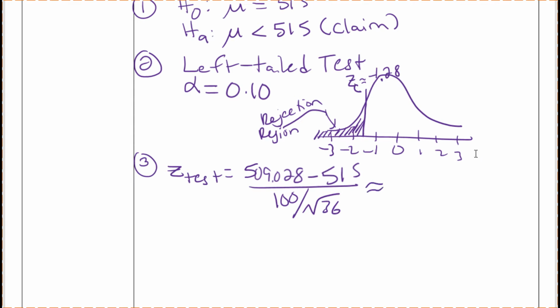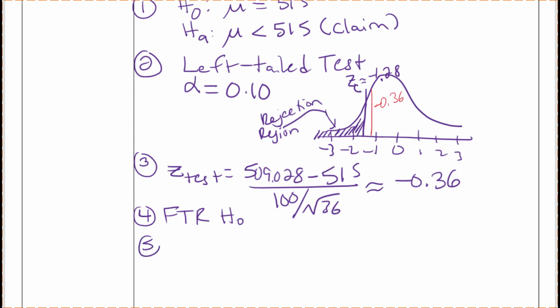If you plug that into the calculator, you're going to get a z-score of negative 0.36. That value is around here. So this is clearly outside of the rejection region. This means that we fail to reject the null hypothesis.